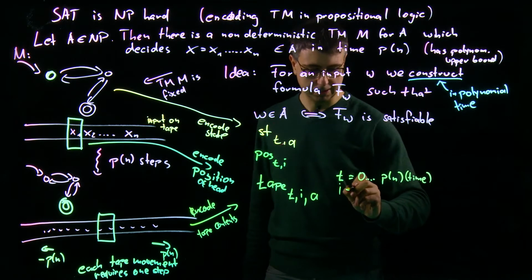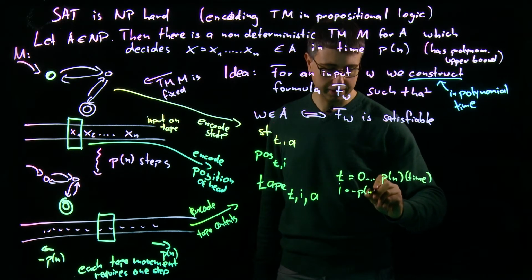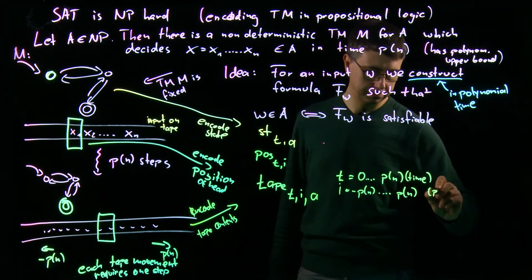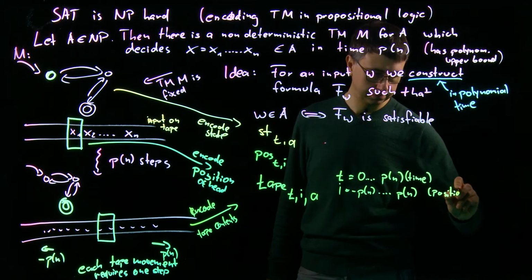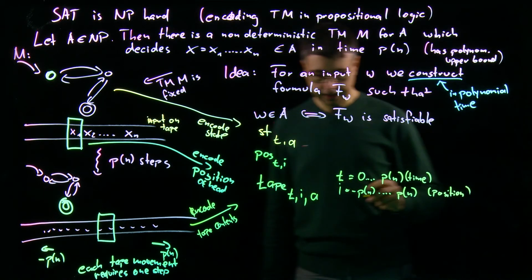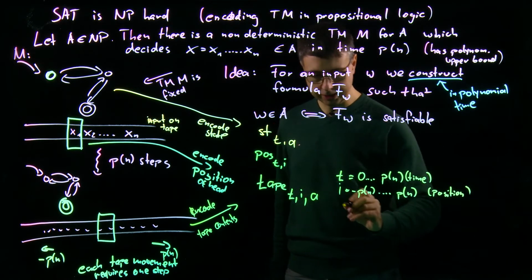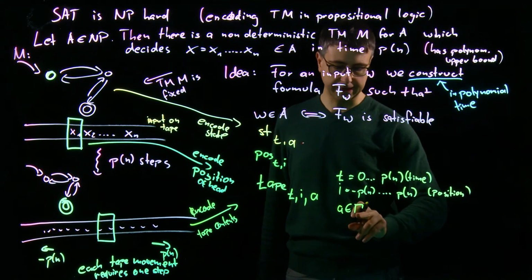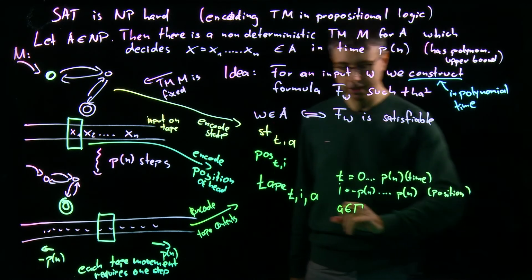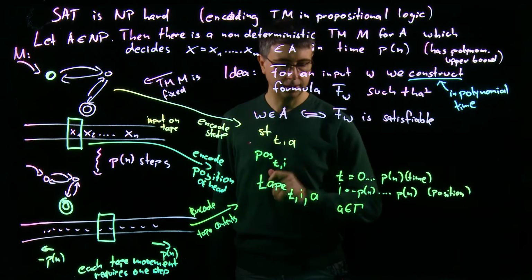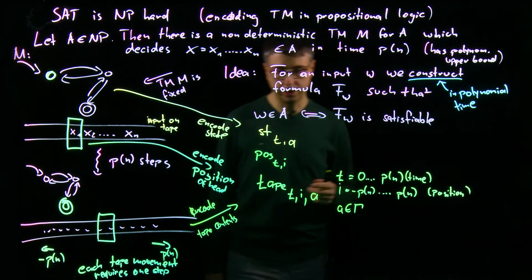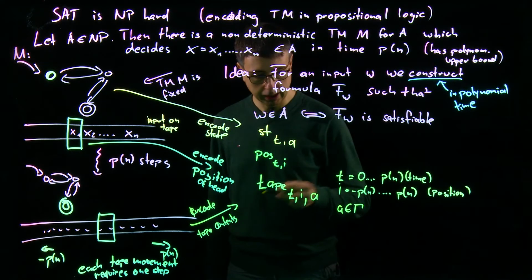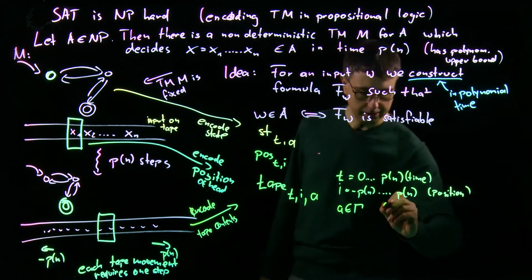The I is the position, so it's from minus p of n to plus p of n. And third one is the A, and the A is something from the tape alphabet. This is the gamma, the uppercase gamma, so A is the letter that's on the tape at this point in time, at this position on the tape.